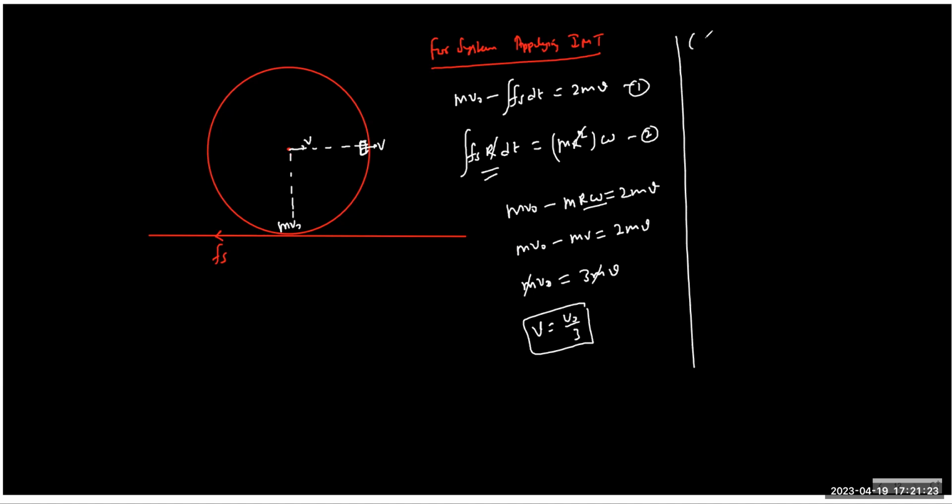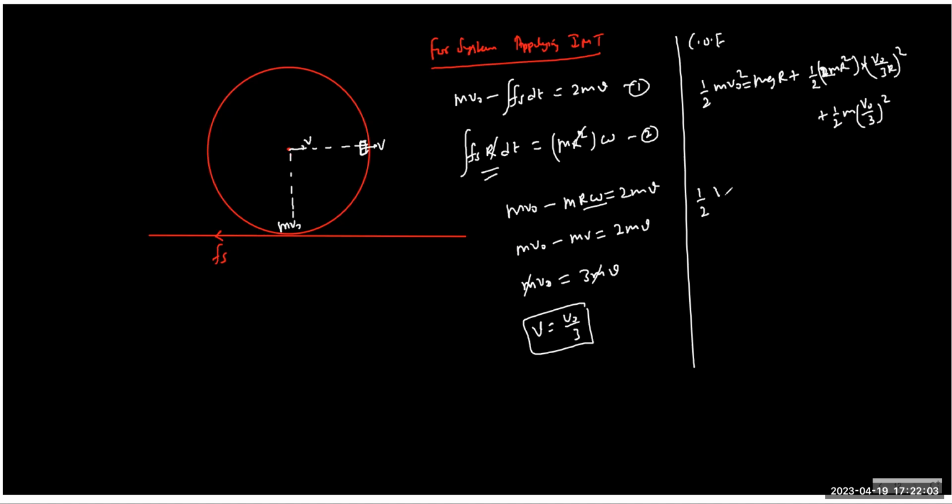Now the conservation of energy. Half MV0 square equals MGR plus the energy of the ring, which will be half 2M R square into omega square, which is V0 over 3, plus half M V square, which is V0 over 3.